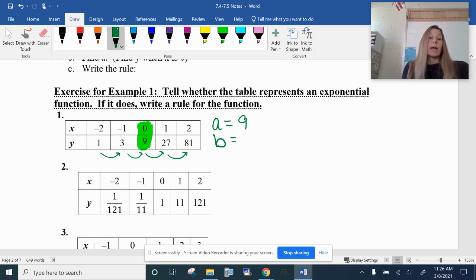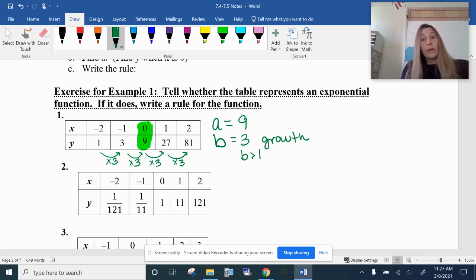So 1 times what gets me a 3? 3 times what number gets me to 9? And make sure that stays consistent throughout. So we have a b value of 3. Because the b is greater than 1, this tells me this is an exponential growth function. And I'm going to write my rule now. Y equals 9 times 3 to the x power.